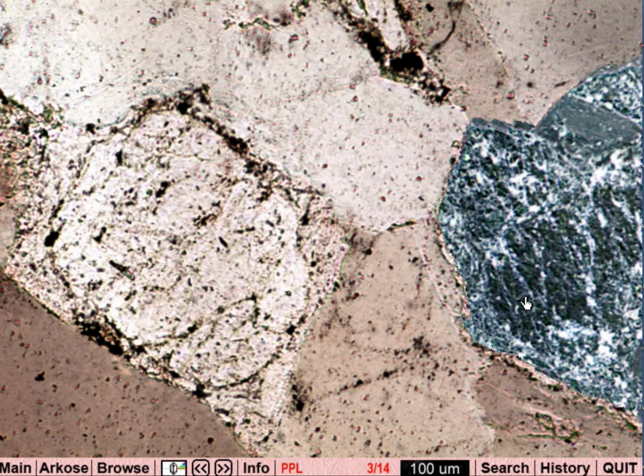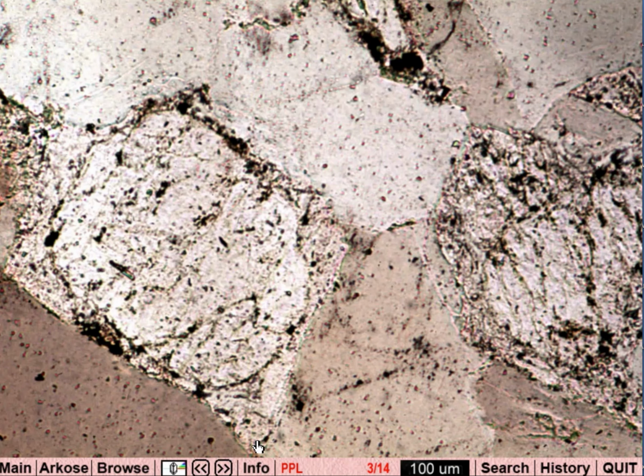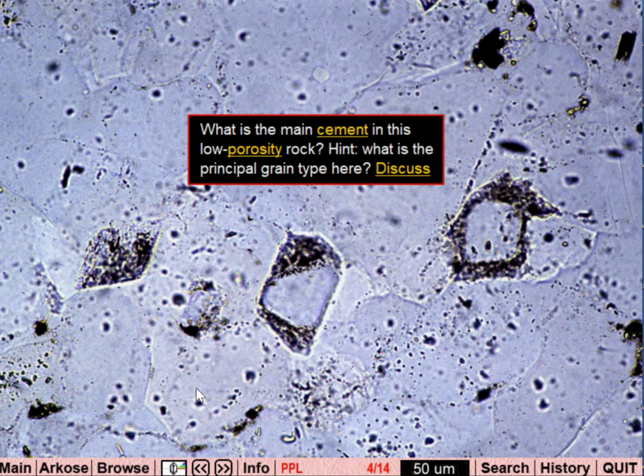Here, this second grain has this mottled interior where it's been influenced by the dissolution, but where I'm pointing now is actually that clearer overgrowth that has fewer defects.